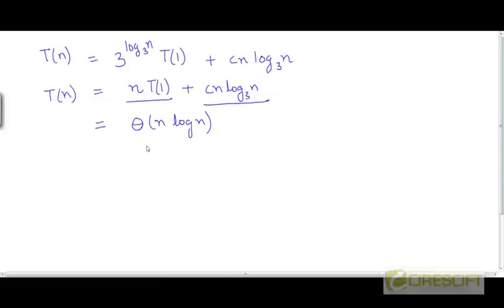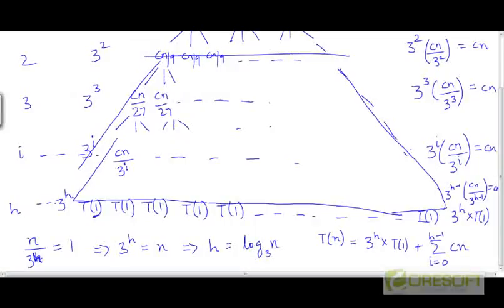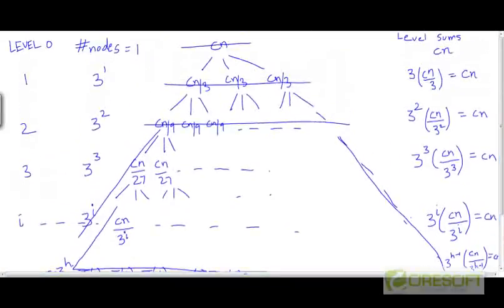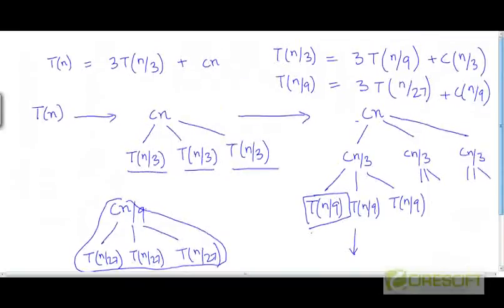Note the asymptotic complexity of the algorithm whose running time is given by this recurrence equation. This could very well be a modified version of merge sort where we are dividing the original problem into 3 subproblems, each of size n by 3.